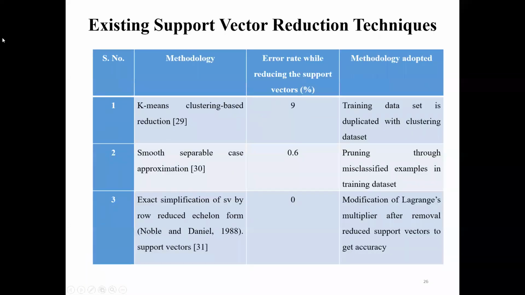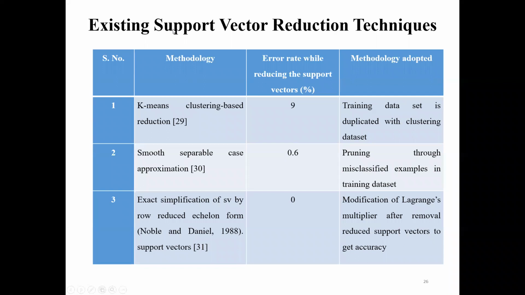So for that purpose, these existing support vector reduction techniques are identified. You may see that there is a k-means clustering based reduction and the error rate while reducing the support vectors. This is an important one.